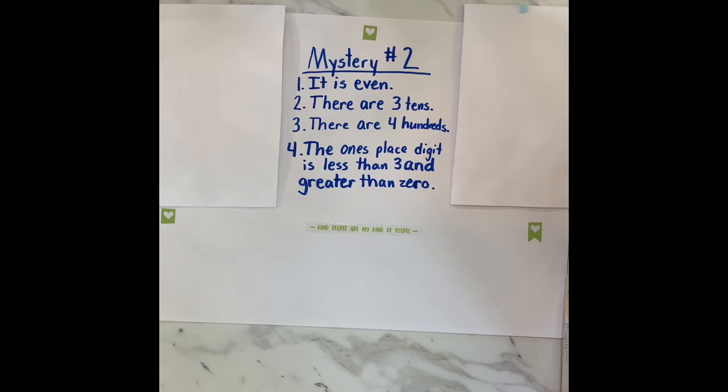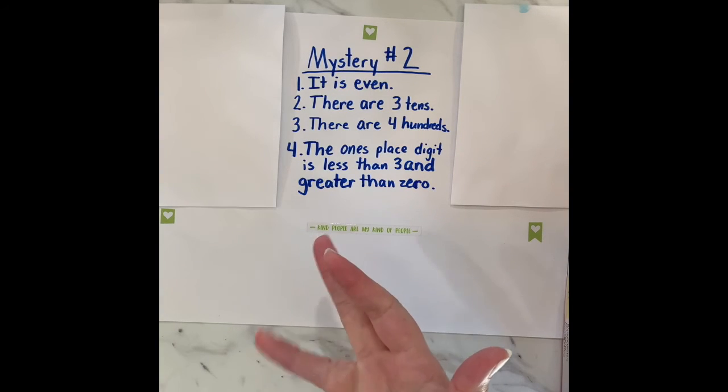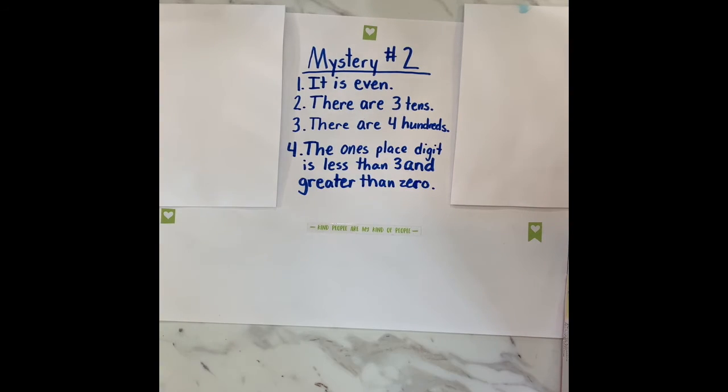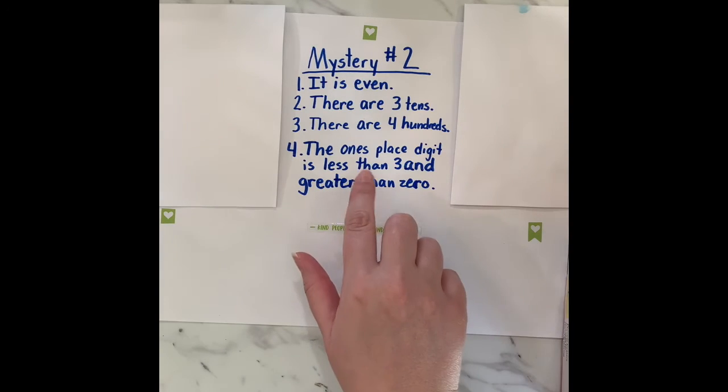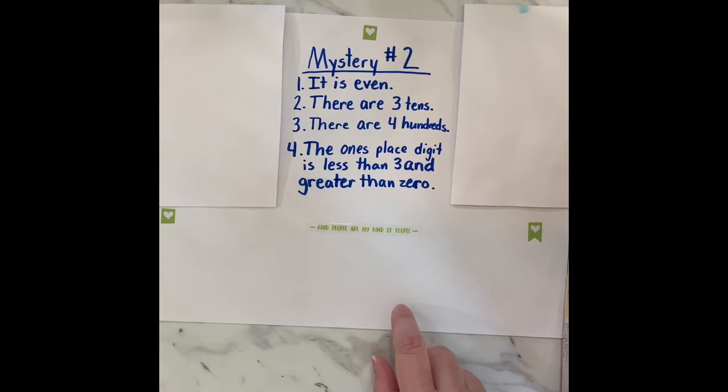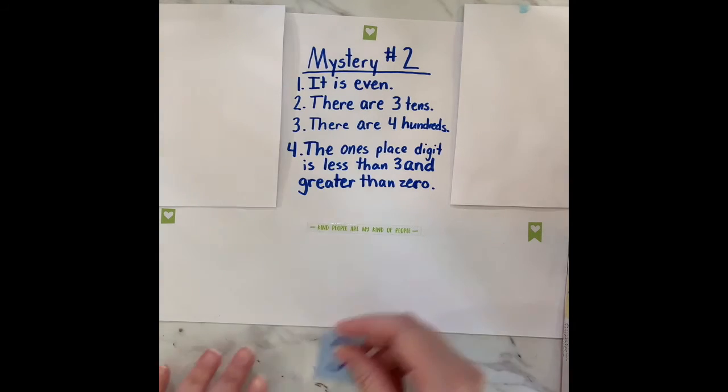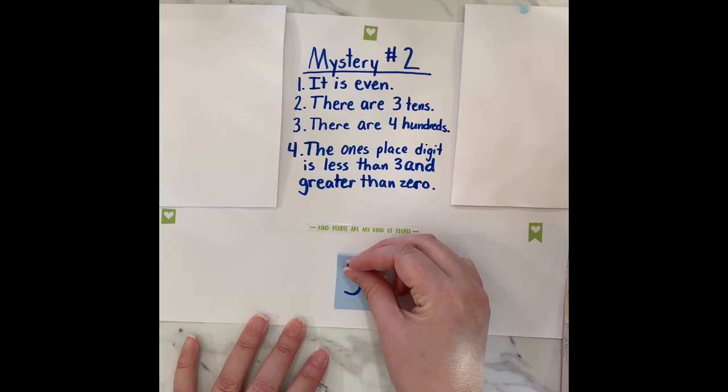So we know that it is even, which means that my ones place has to be 0, 2, 4, 6, or 8. So let's come back to that ones place, because I know by the time we get to clue number 4, I think we'll be able to figure it out. Now, clue number 2 says there are 3 tens, so I'm going to put 3 in the tens place.